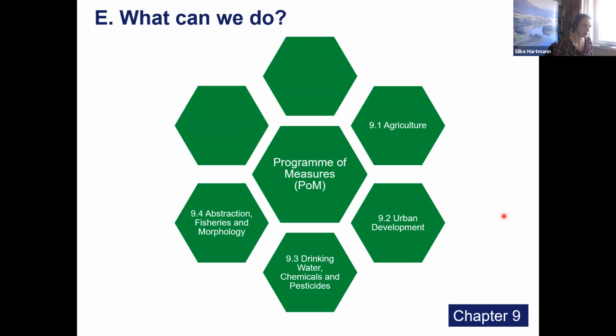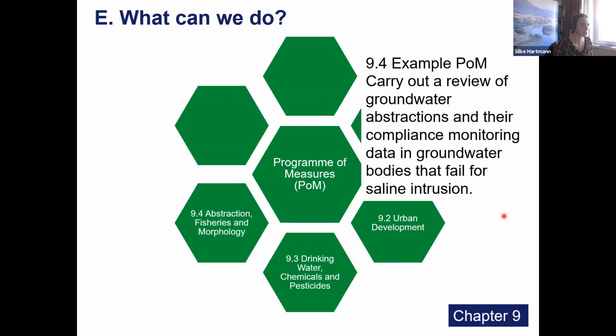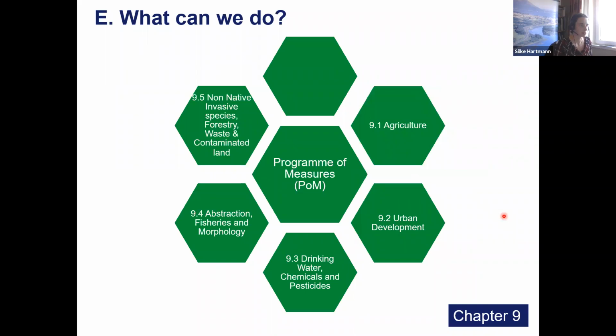The fourth sector is abstraction, fisheries, and morphology. And an example is to carry out a review of groundwater abstractions and their compliance monitoring data in groundwater bodies that fail for saline intrusion. The fifth sector is non-native invasive species, forestry, waste and contaminated land.